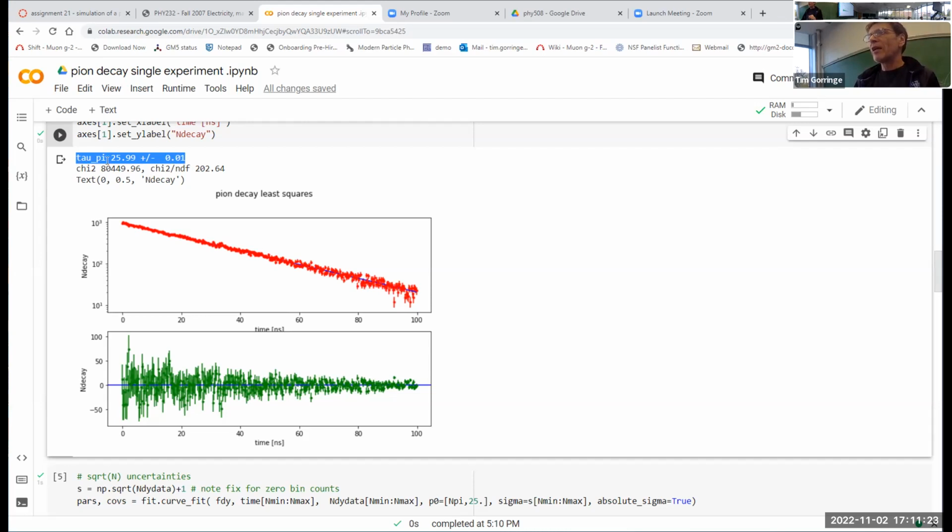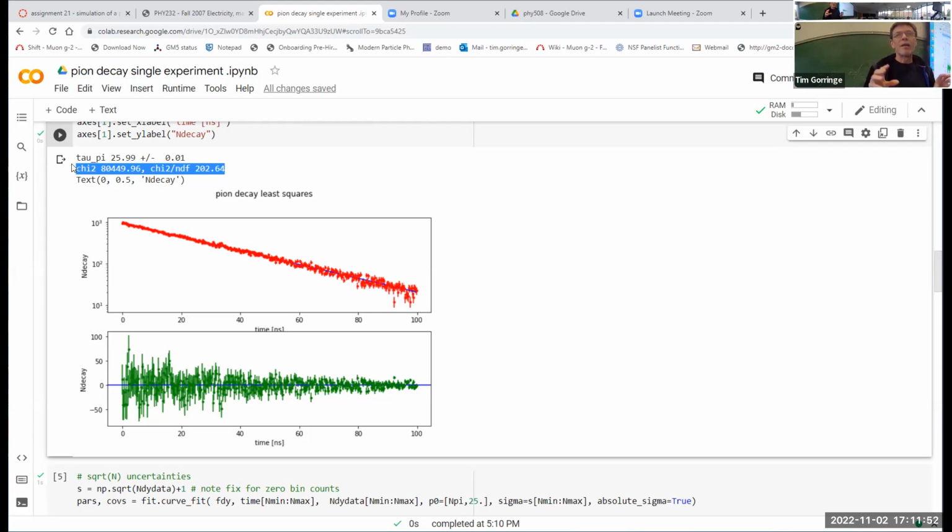However, we should be careful about this, because I didn't give the fit the correct statistical uncertainties. I just said that they're all the same. So the chi-squared per degree of freedom is really just calculating the average fluctuation of the data points.